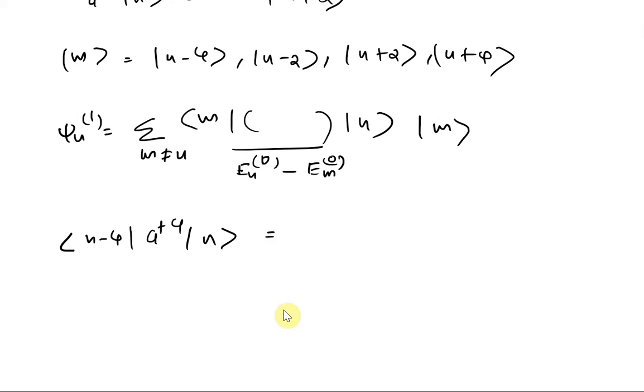This component is going to be, so a dagger acting on n produces root n plus 1 at the first place, then root n plus 2, root n plus 3, and root n plus 4, and finally it will be producing the state n plus 4, and n plus 4 and n plus 4 will give you 1. So this is the coefficient corresponding to that particular state.